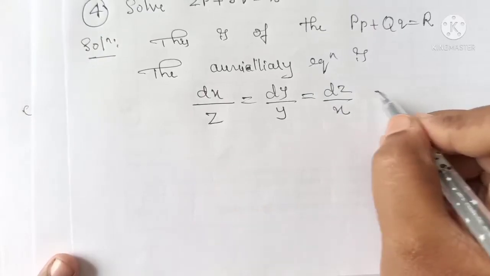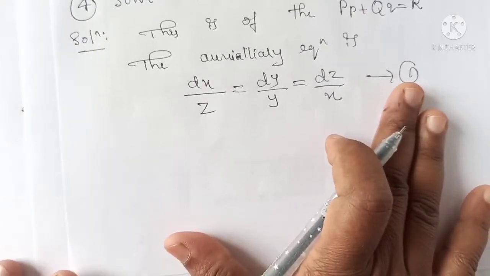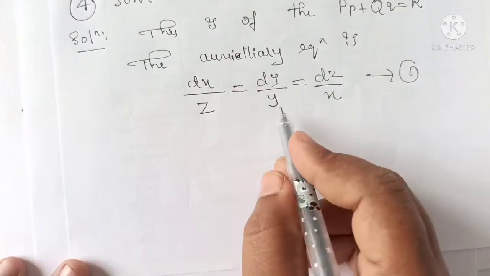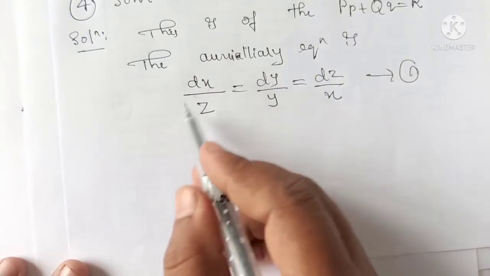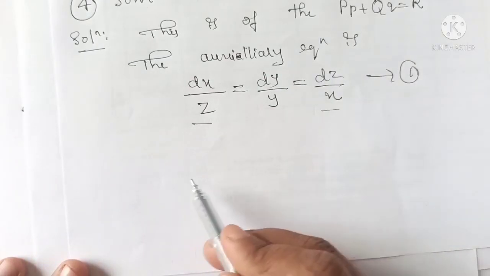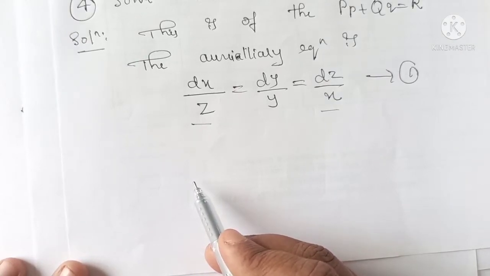Consider this as equation 1. The first independent solution can be obtained by using the first fraction and the third fraction.